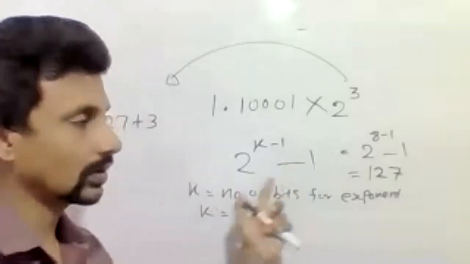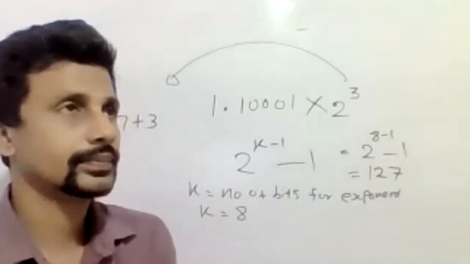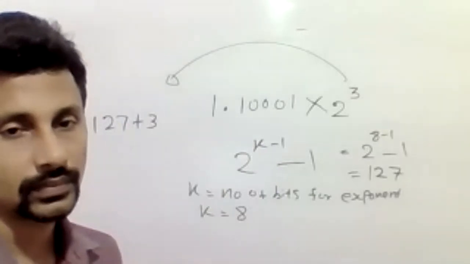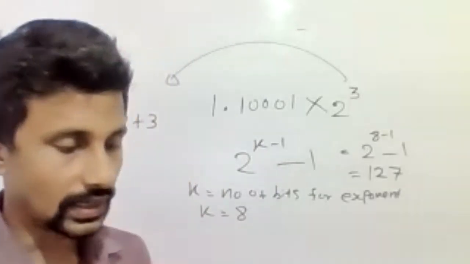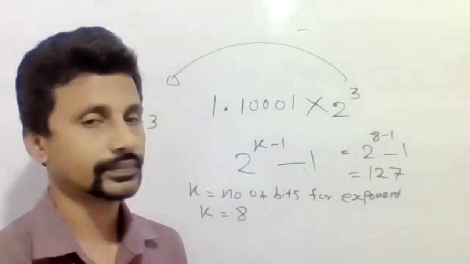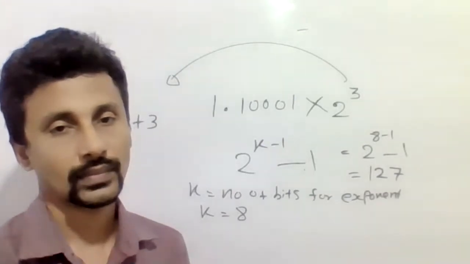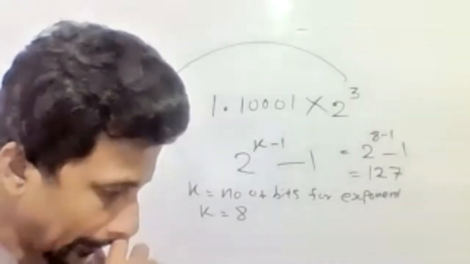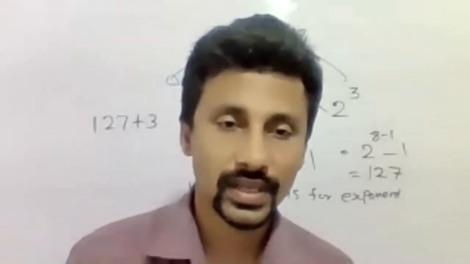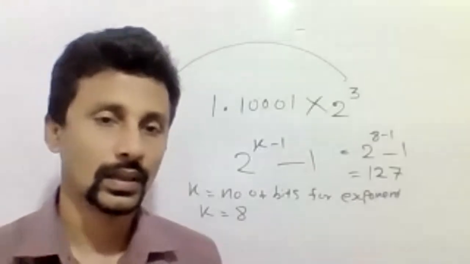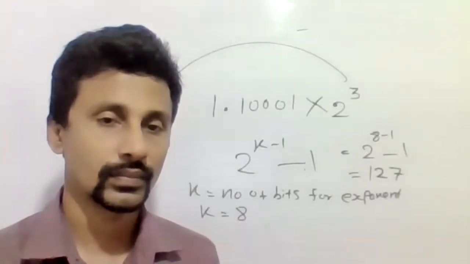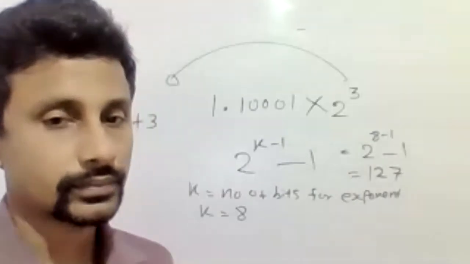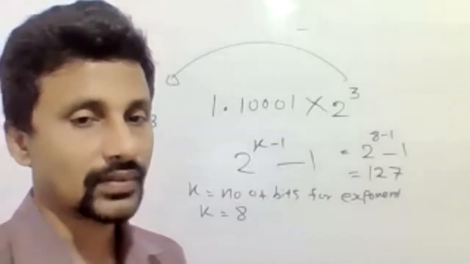After that only you write down this part: K for exponent, and it is 8, all the time, in the single precision floating point system.